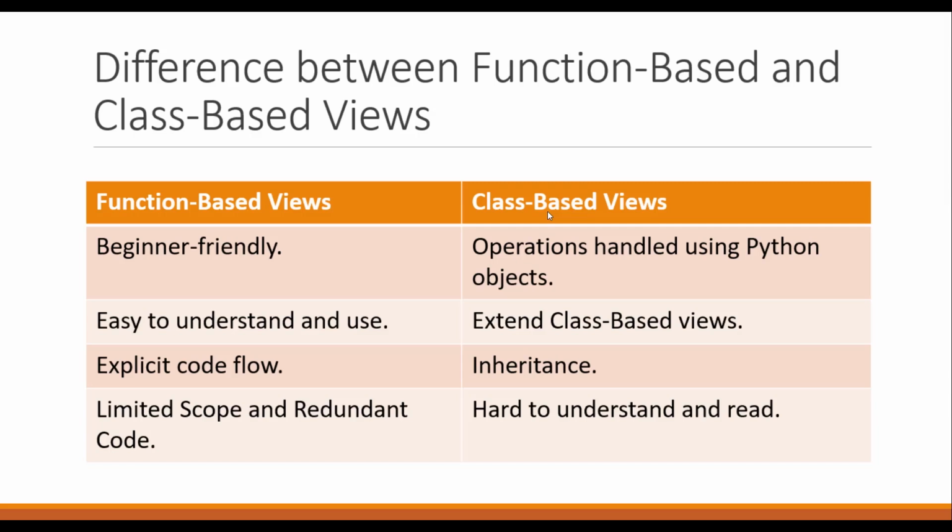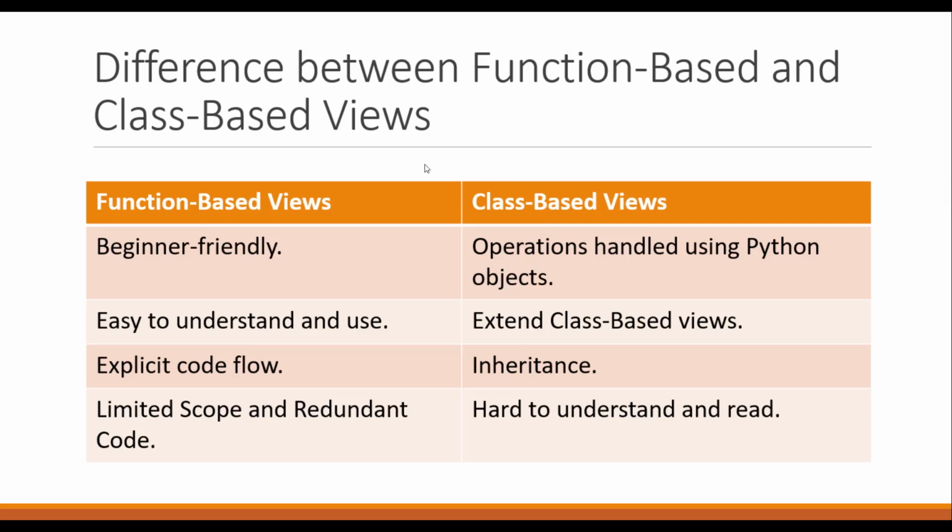It also follows the DRY convention of Django, and we can extend the class based view and add more functionality according to the requirement. Also, by using the class based view, the inheritance of other classes is also possible, but these class based views are challenging to understand and hard to read. So with this, I hope it is clear what is function based view and what is class based view and how they are different.